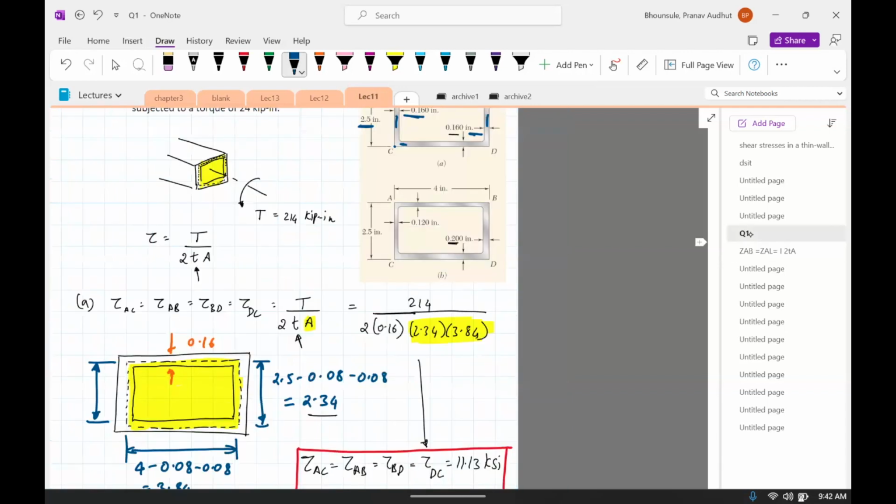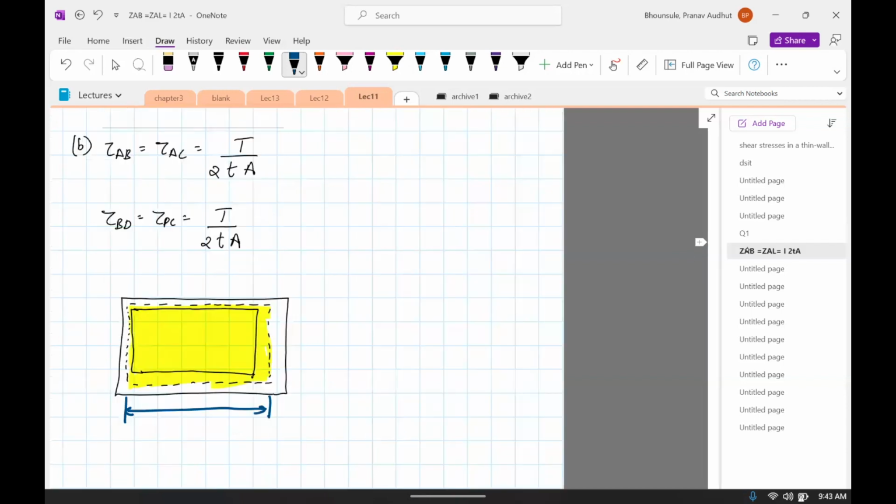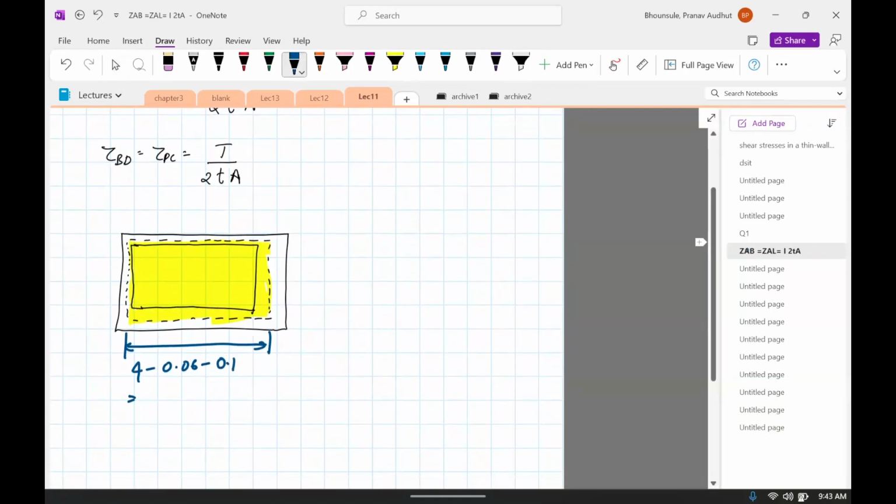Okay, so we go back here and see that's 4 minus the left thickness, which is 0.12, so half of that is 0.06. Right thickness is 0.2, so half is 0.1. So 4 minus 0.06 minus 0.1 actually comes out to be the same as before, 3.84.